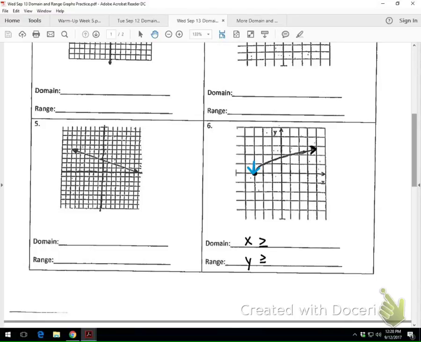Which is 1 to negative 3. Then you do the same thing for the y-axis, which is going to be 0. So anytime you have a dot and then an arrow and it's going up, both of them are going to be greater than or equal to. So x greater than or equal to, y greater than or equal to. Then you just have to figure out where that dot is at the x-axis and the y-axis.